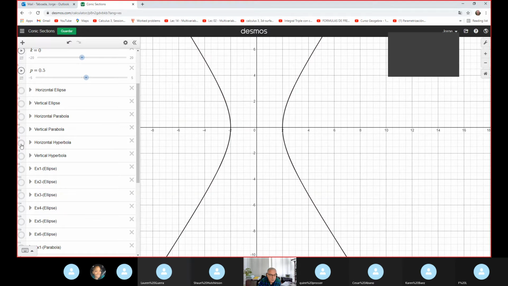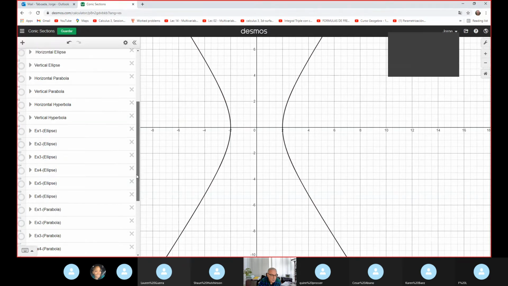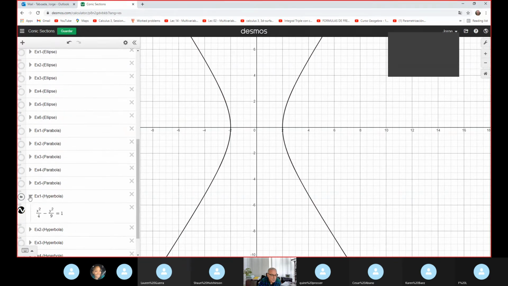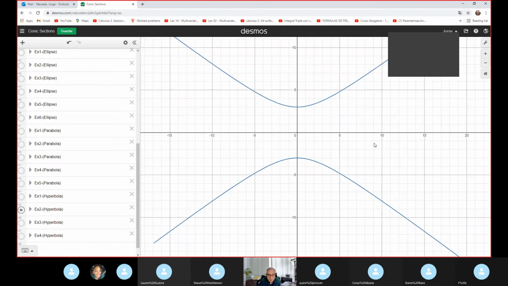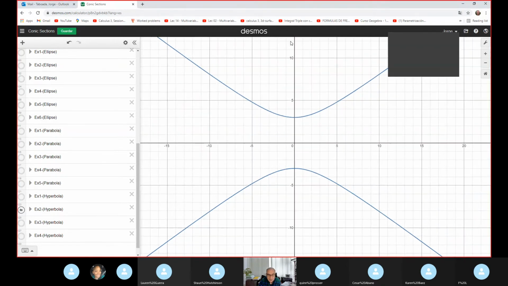Okay. Now this was the example of the previous. Now let's do hyperbola number 2. What is this? Wow. You see this vertical hyperbola, so the transverse axis is located exactly on the y-axis.